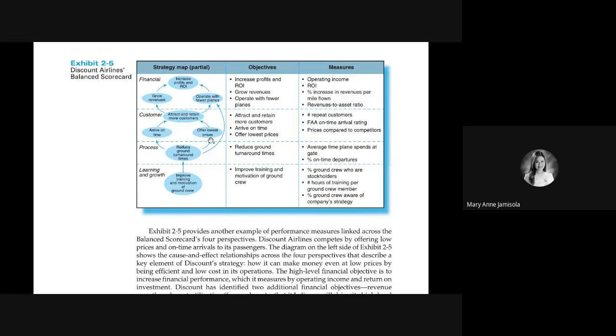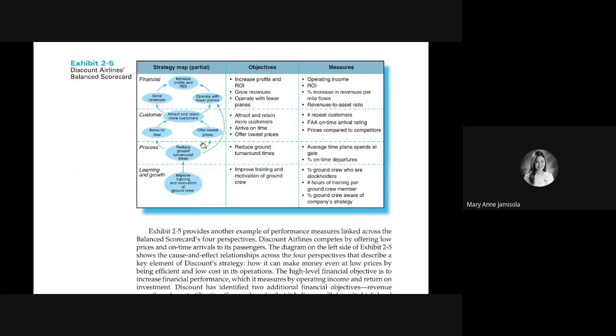And then we also want to offer lowest prices. So para ma-achieve nato ni nga maka-arrive ta on time and we can also offer low prices, what should we do with our process? So for this airline company, it wants to reduce ground turnaround times.